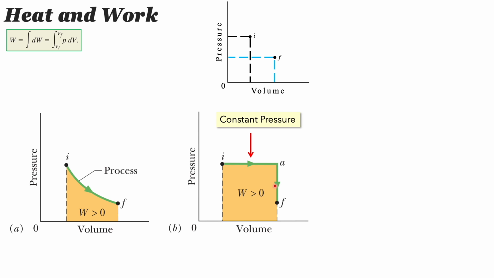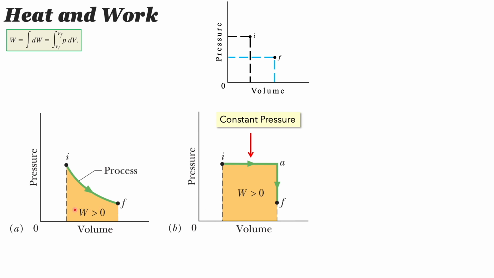During this process, because there was no compression involved, all the work done was by the gas or by the system on the piston while expanding. So the work done was positive, and the value of the work done will be the area under this curve.